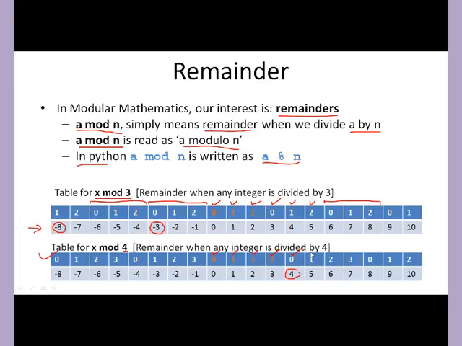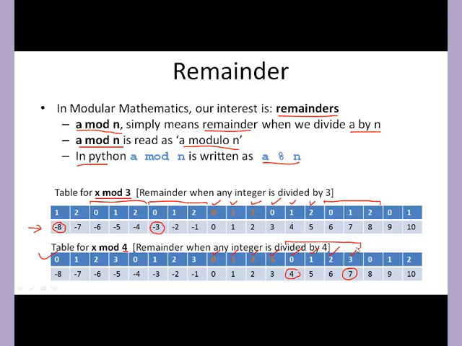For 5, remainder 1. For 6, remainder 2. We distribute 7 quantities among 4 people, we get remainder 3. In this way, we see that this part is repeated again and again: 0, 1, 2, 3.